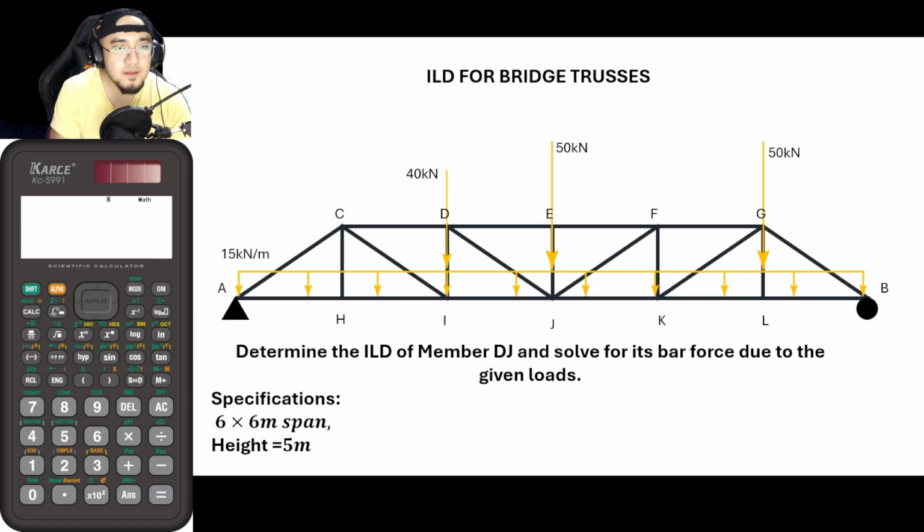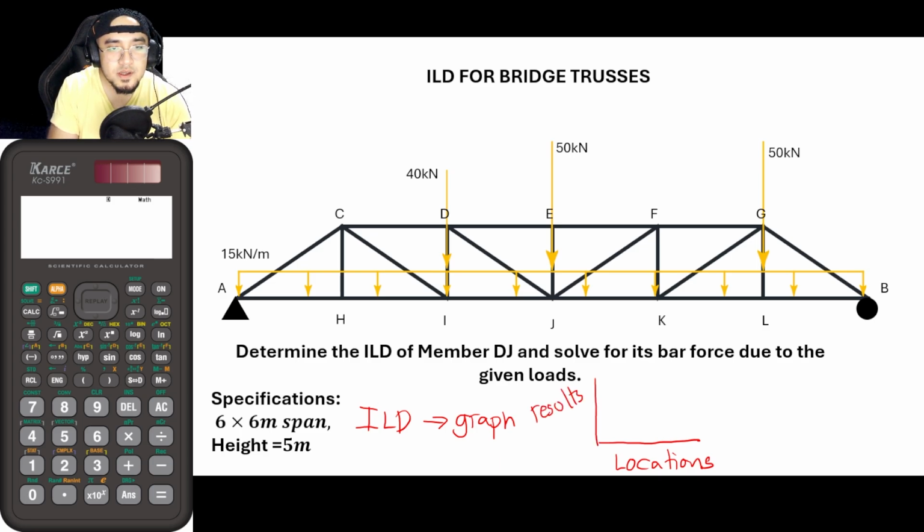Again, when we say influence line diagram, this is basically a graph that represents how the location of the loads would affect the result. In our previous lectures, we have solved for the ILD for beam reactions, the ILD for shear, and the ILD for moment. Right now, we would now be solving for the diagram for truss members.